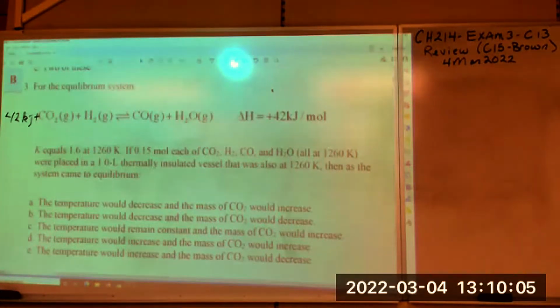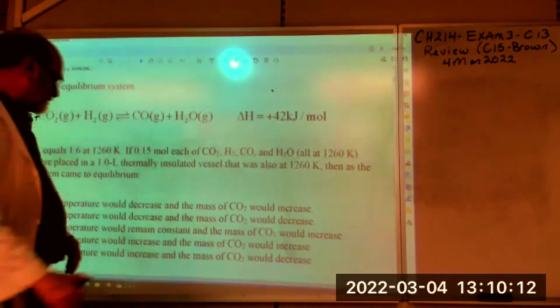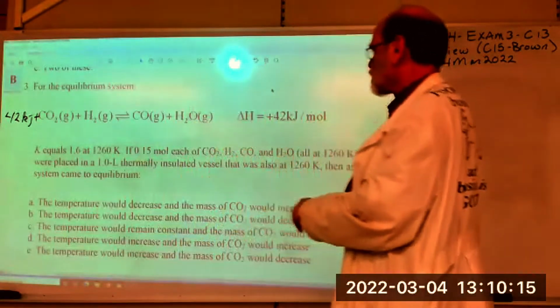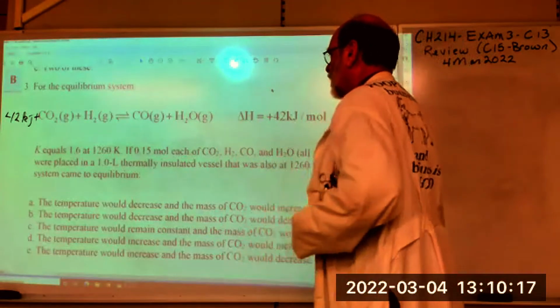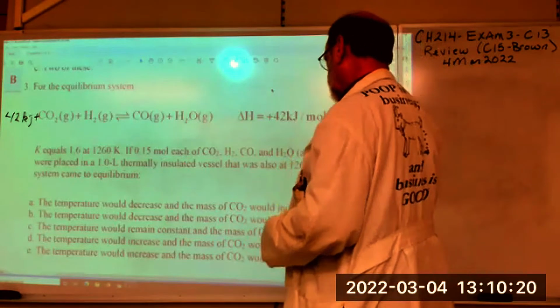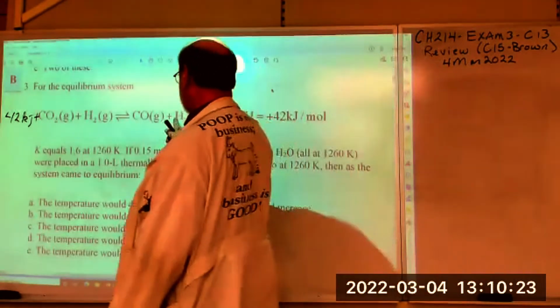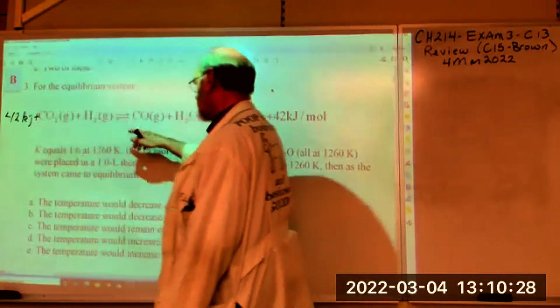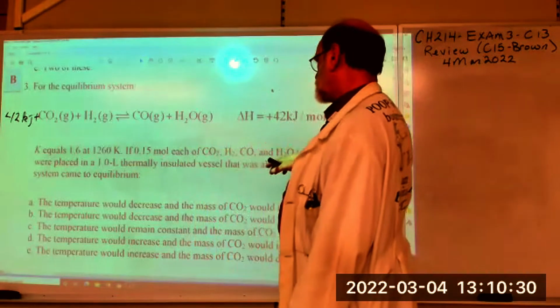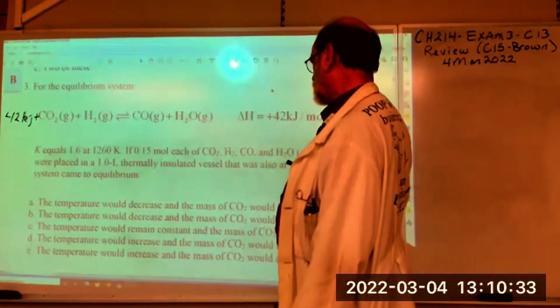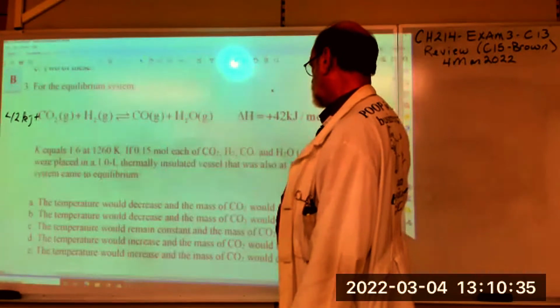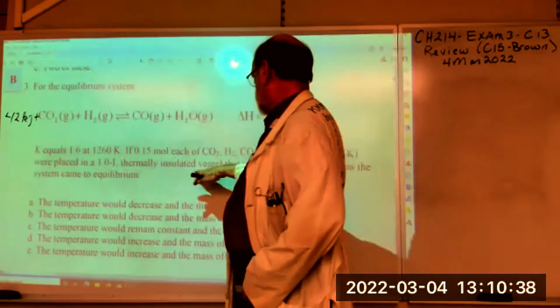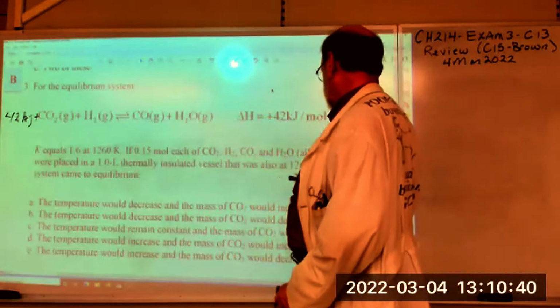If we're going to try to ascertain the influence of input of energy, so as the system comes to equilibrium, we've got equal moles of each one, 1 to 1 to 1 to 1. Put them in a 1 liter insulated vessel.